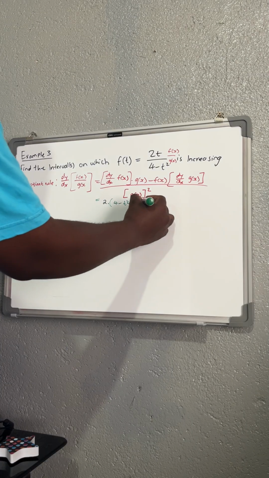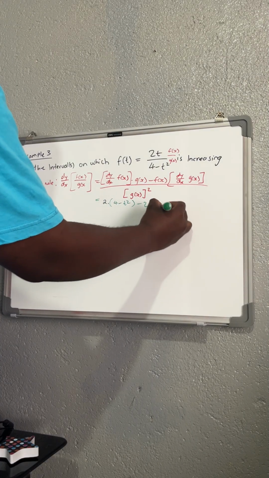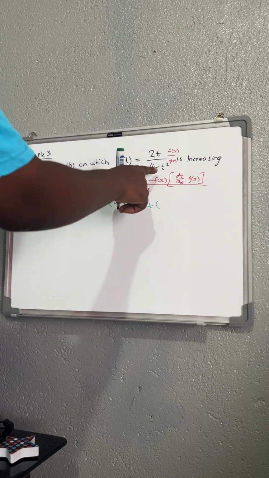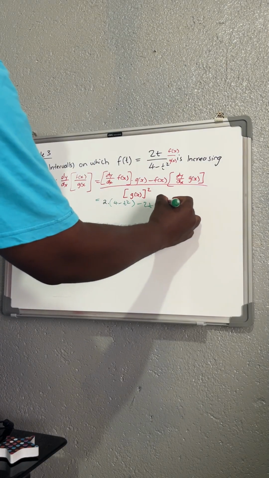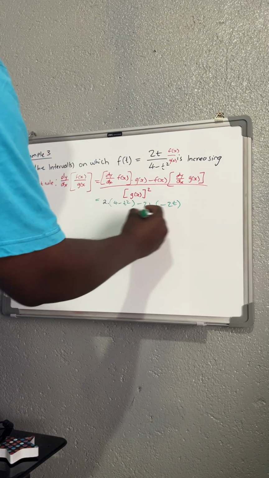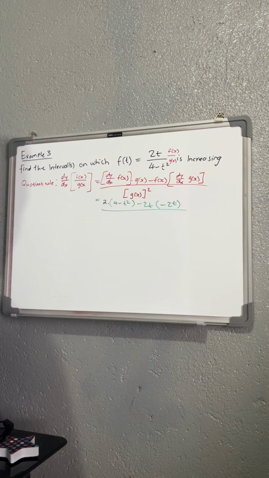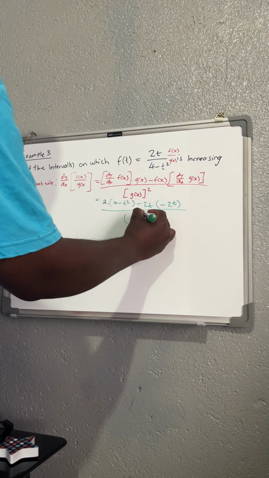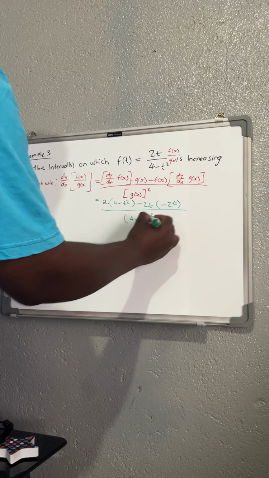F of x is 2t. Then your differentiation of g of x is this one. You're just going to have minus 2t. Then this would be divided by your 4 minus t squared all squared.